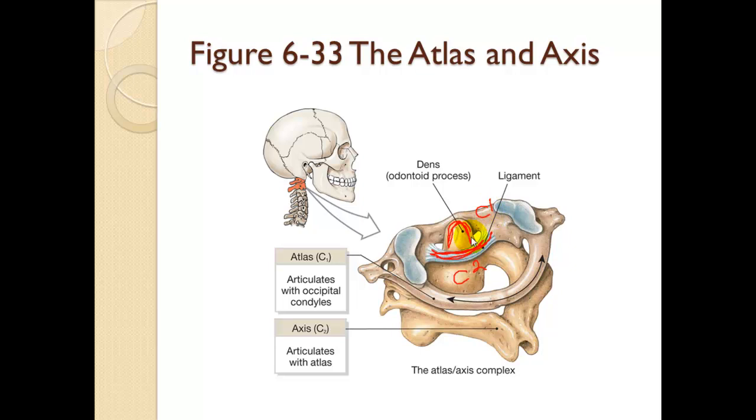What we can get is, if enough trauma occurs, the breaking of that ligament, and then this can break off that odontoid process and slide forward. That would cause major damage. The higher you get on the spinal column, the more autonomic function occurs. This would be high enough to give problems to your cranial nerves.